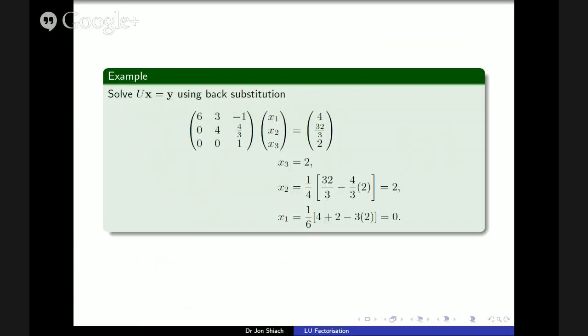Once you have your Y vector, you can then solve Ux equals Y by back substitution, because U is upper triangular. So once you have your Y, stick it on the right-hand side. There's your U. Solve by back substitution, and you get the solution. That's using partial pivoting.